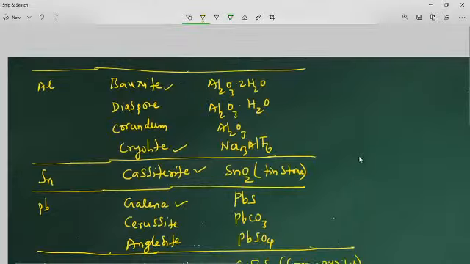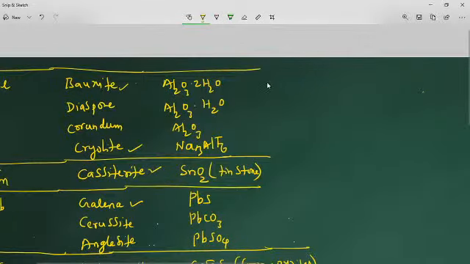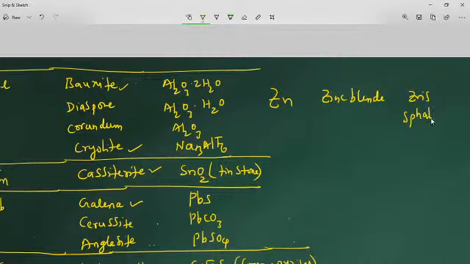Next we have zinc. The most important ores of zinc are zinc blende, that is ZnS, also called black zinc, or you can also call it sphalerite.